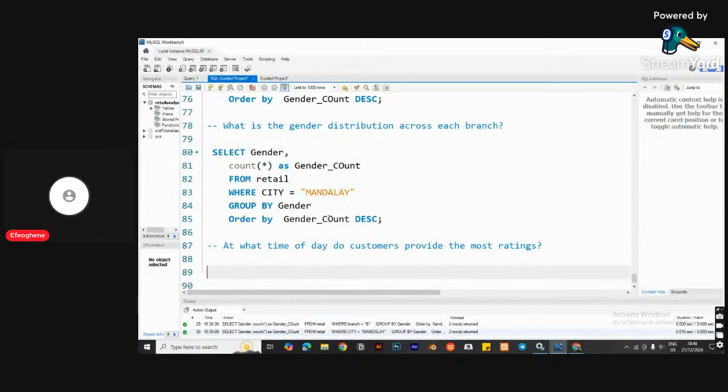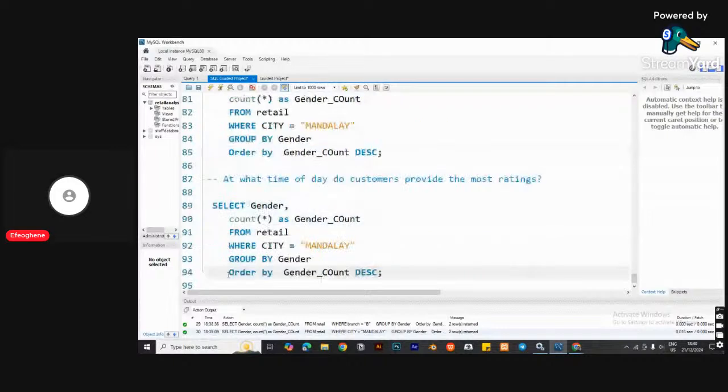I'll copy this and put it over here. So why are we asking this question? You might want to ask how the timing of ratings coming in as feedback concerns us. Remember I said you're not always out there as a business owner to boost revenue. There are other things you need to consider.